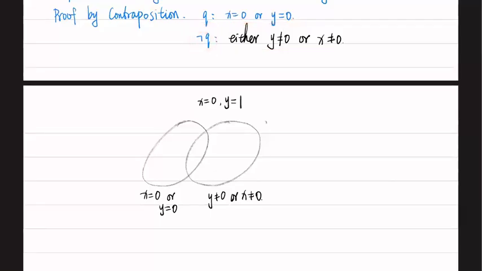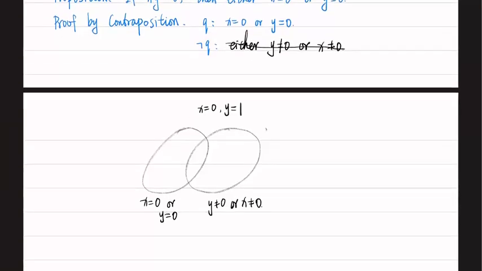You cannot be Q and not Q, right? So here we have to modify the statement. Let's think about it. How do we modify this? What's the negation of the statement?